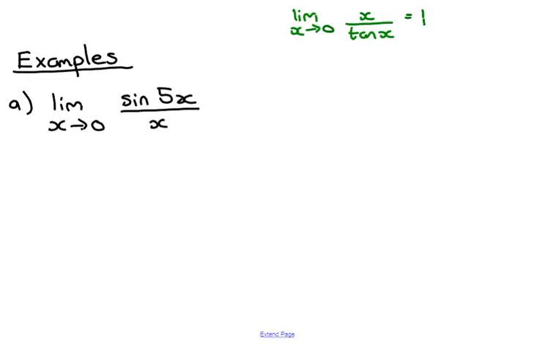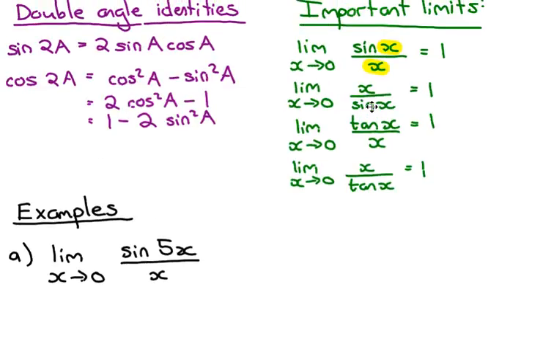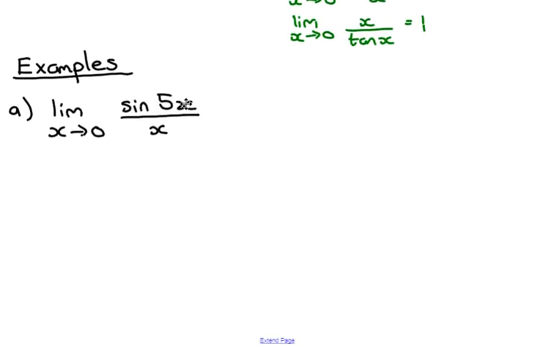Now have a look, they don't match exactly because remember what I said when I highlighted? I said that that angle has to be exactly the same as the denominator. So here I've got a 5x, but there I've got an x.